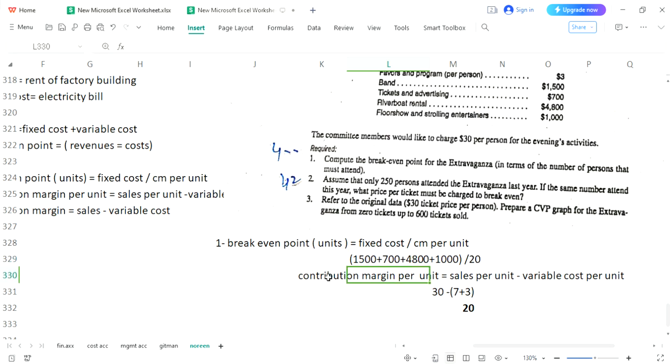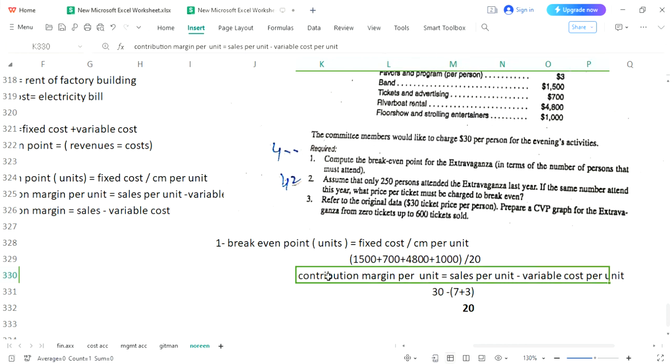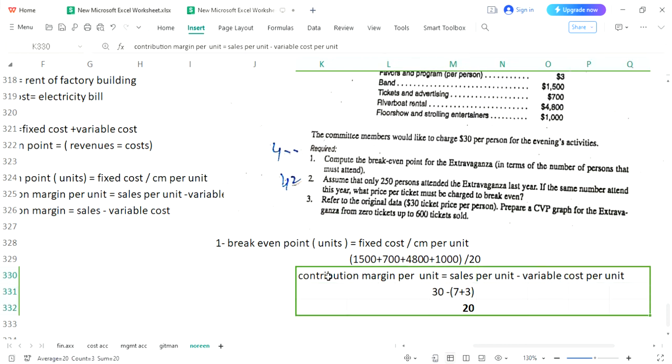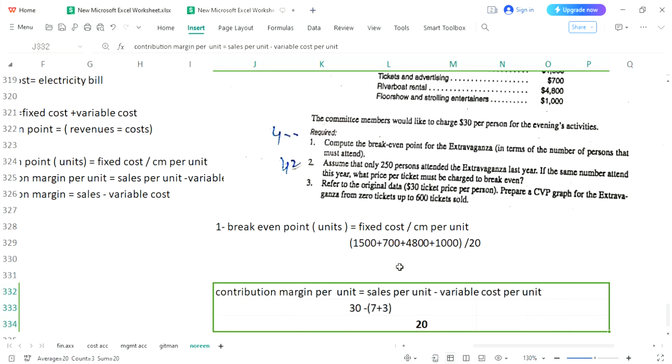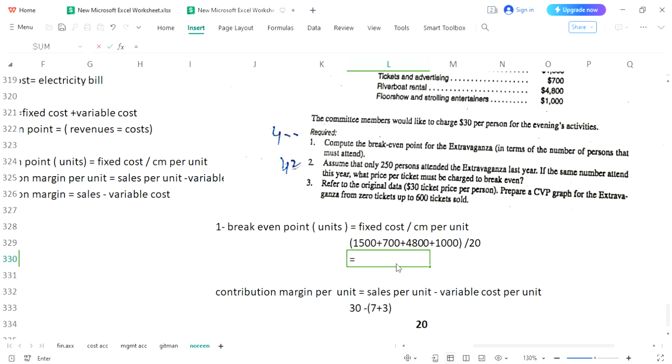Alright, now next thing is just making little space for better view. Alright, and next is to put it on your calculator. What we are going to do: 1500 plus 700 plus 4800 plus 1000, and it would be divided by 20. So here you have got the answer.